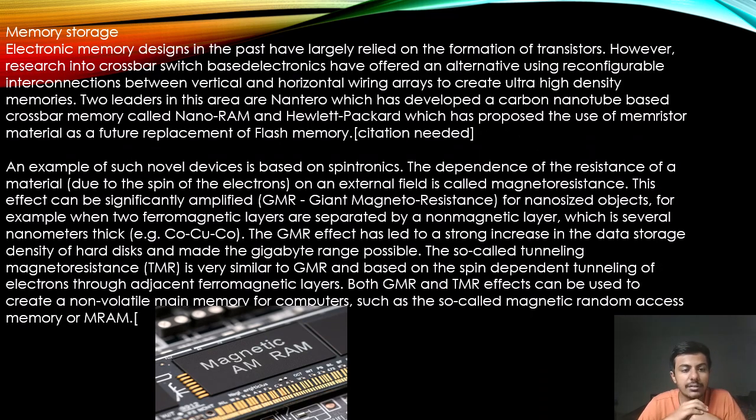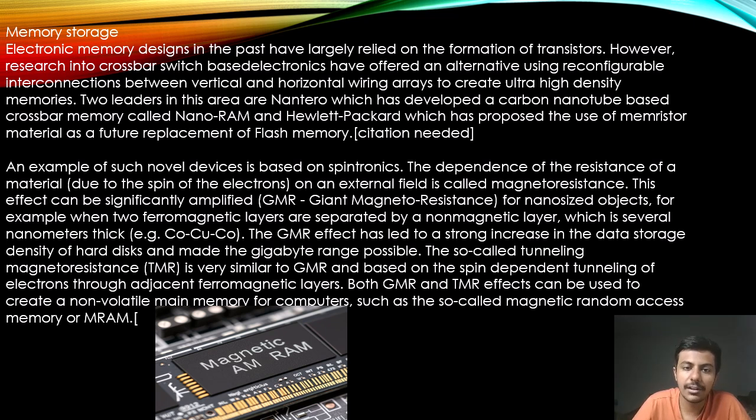In memory storage, many devices like magnetic RAM use this technology to store memory. They largely rely on transistors. That's why, due to the introduction of this technology, it is very useful in memory storage.